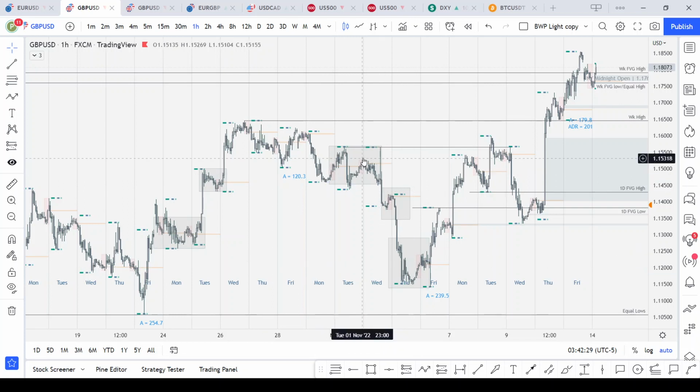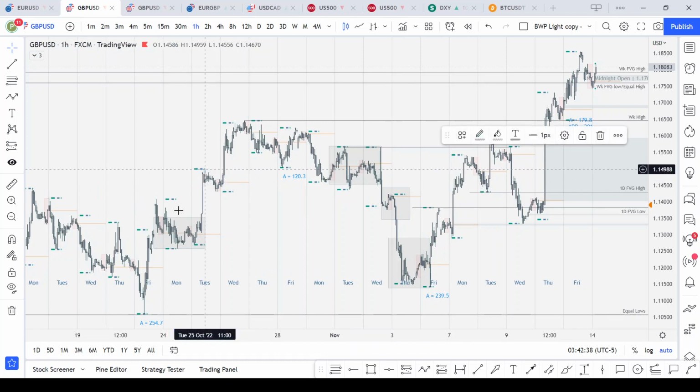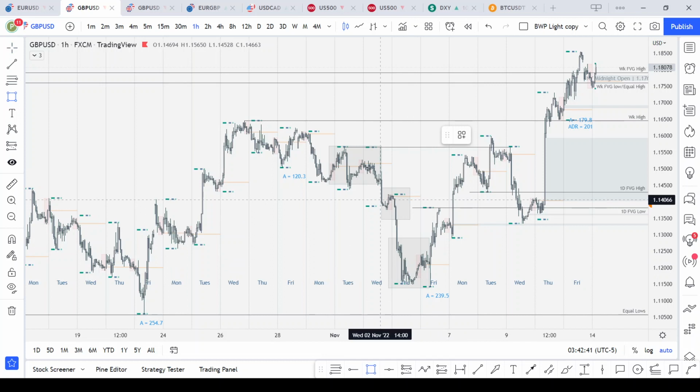Okay, so here we have initial consolidation run to, let me delete this. So here, initial consolidation run to a level of support. Here, this is a daily fair value gap, and then the daily fair value gap failed to hold price and it runs away. Here we have the smart money reversal, the typical signature of the smart money reversal, like I said, SMT divergence, and then the run on stop.